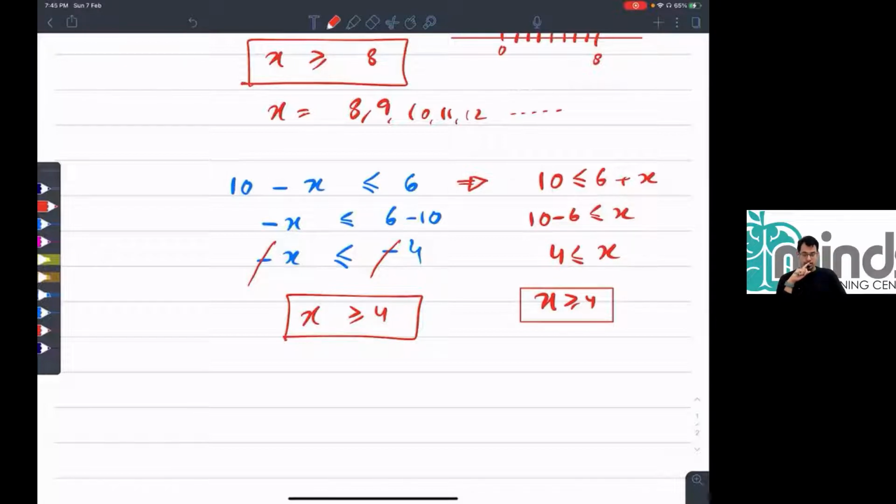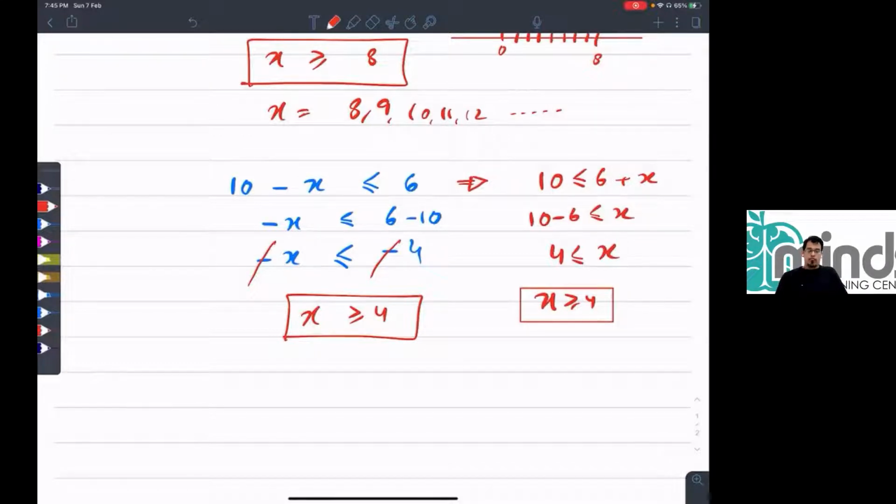Disha, are you getting it till here? Disha, can you hear me? Yes, sir. So are you getting it till here? Yes, sir. It's clear now. So we end up with minus x is less than equal to minus 4. What I'm saying, now we got the value of minus x.